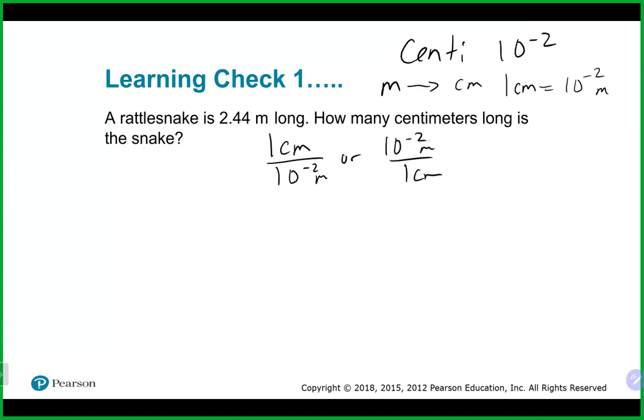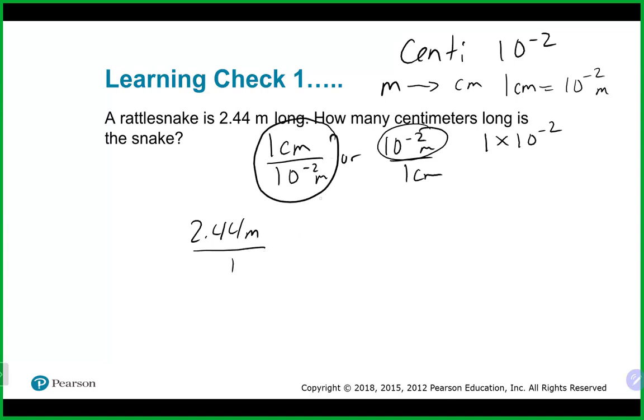And again, a reminder that this is the same as 1 times 10 to the minus 2 in scientific notation. So we're going to go 2.44 meters. Again, meters are up on top, so we definitely want to go opposite here. So we're going to go opposite, and 10 to the minus 2 meters.